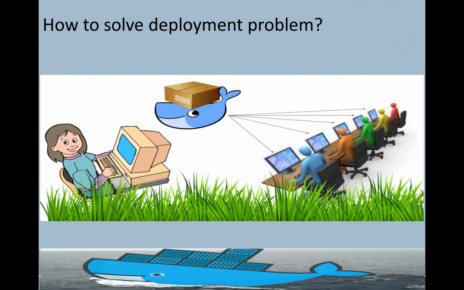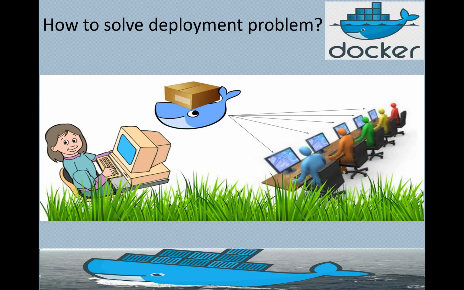Now coming to this example, you can do the development on your development environment or in your developer PC, and then do the packaging and put that into the Docker container. Docker will create the container and you can put all your package into that. Then you can deploy that to multiple PCs, say PC 1, 2, 3, 4, 5.